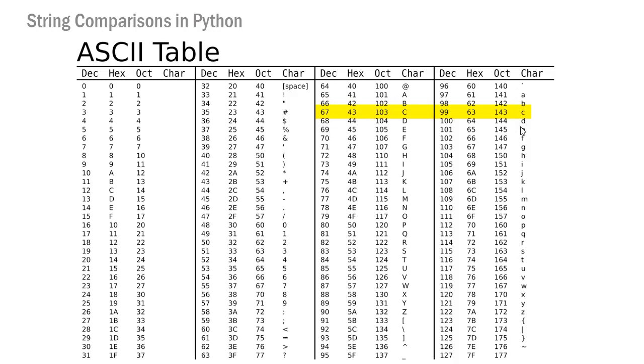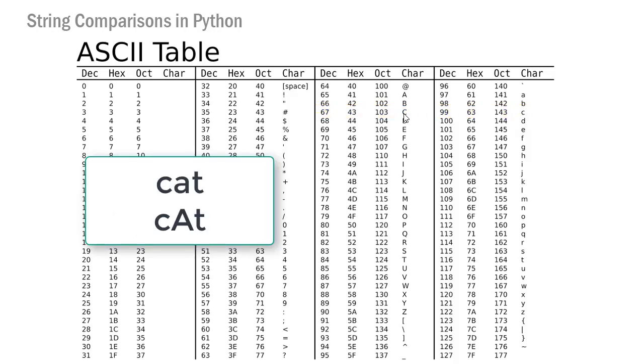So we're comparing actually not a lowercase c to an uppercase C. When we're doing an if Boolean expression, what it's really comparing is the 99 to the 67. And that is why Cat with a capital C is a lower value than cat with a lowercase c. Now if these were both the same, you would then look at the next letter.